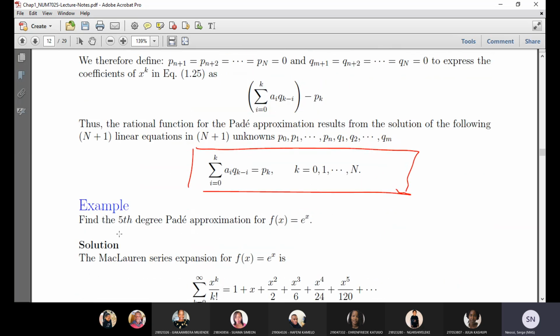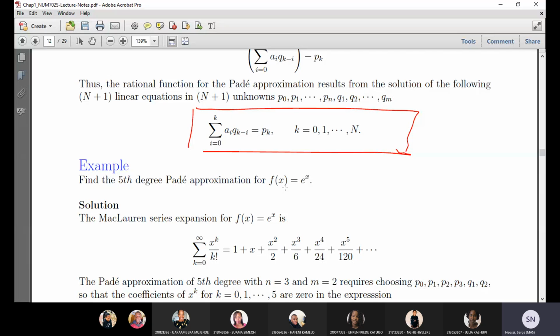Now, we are told to find the 5th degree Pade approximation of f of x equal to exponential x. Don't forget that this 5th degree is our capital N. So capital N is equal to 5, and this 5 is m plus n. You'll be given these two values.